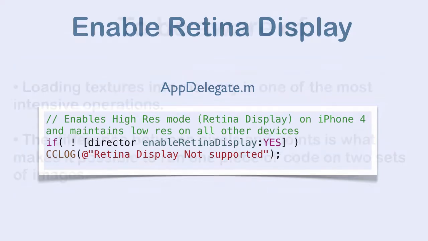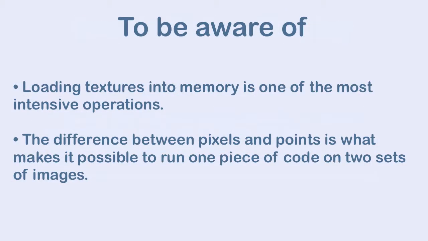Here are some things you need to be aware of. Loading textures into memory is one of the most intensive operations, and that is really the reason why we have to have 2 sets of images. The other thing is that the difference between pixels and points is what makes it possible to run one piece of code on 2 sets of images. The reason is that Cocos2D code works with points and not pixels.